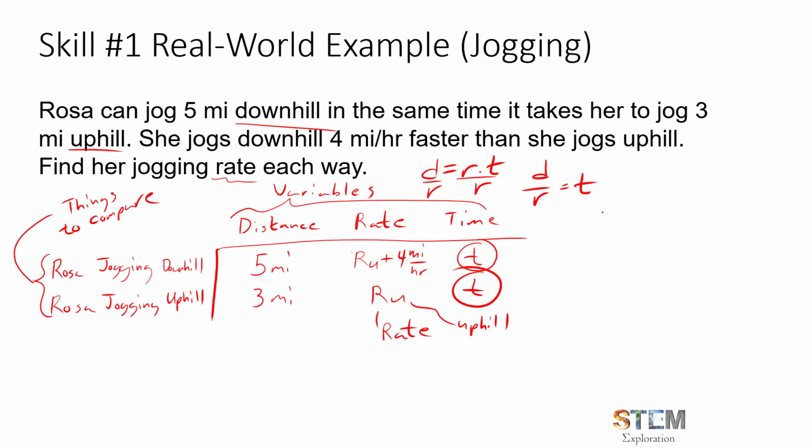The reason I'm going to do this is that what I can do with d over r is say distance 1 over r1, and if both are Rosa, whether she's running uphill, the distance running uphill over the rate of running uphill, this has to be equal to the distance of running downhill over the rate of running downhill.